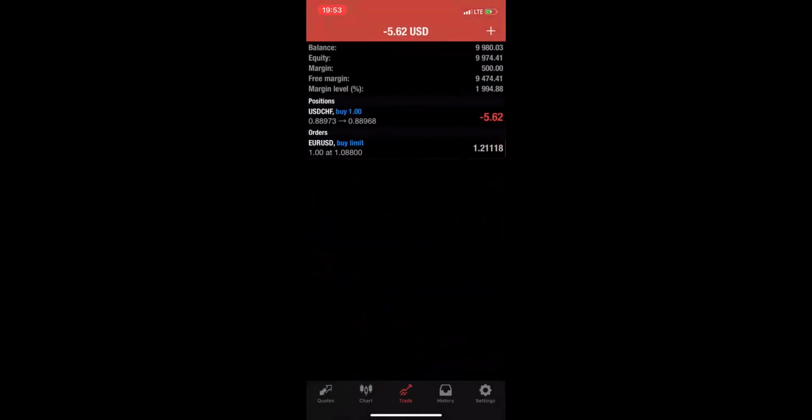Let me do a practical example for you. Look at my USD CHF. I'm in a buy position, and my entry price says 0.88973. Remember, I'm buying because I want my exchange rate to go up. But what is happening currently? The first price under USD CHF is called my entry price.